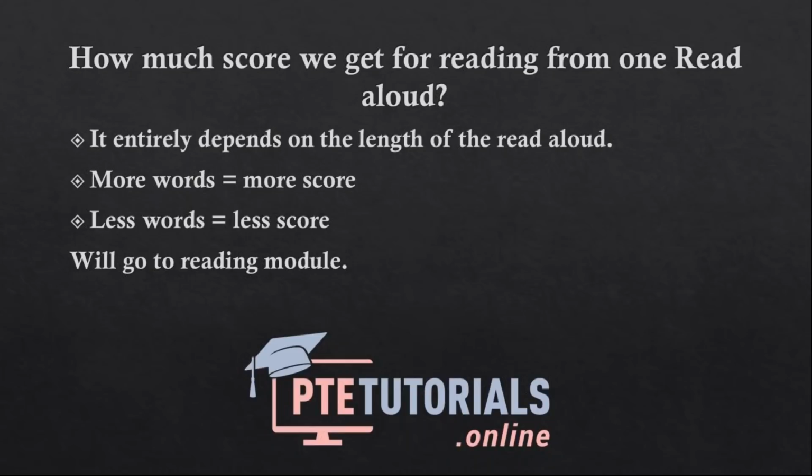You can even take the case of your write from dictation. You are not aware how much score you are getting for writing. But if the question is a bit difficult, with some difficult words to write, you are getting more score, more weight for your writing module from your write from dictation.